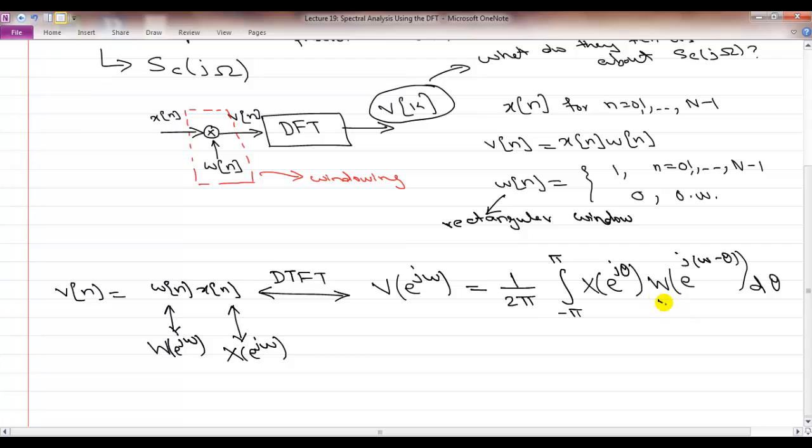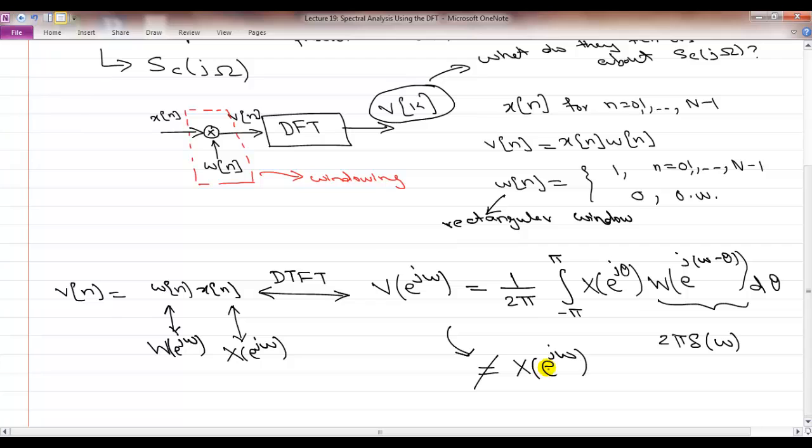If this thing was an impulse. If this thing was simply 2 pi delta of omega. If this was 2 pi delta of omega, then V of e to the j omega will be equal to X of e to the j omega.